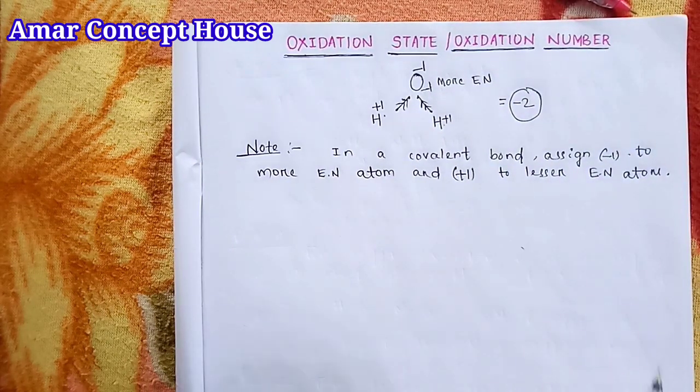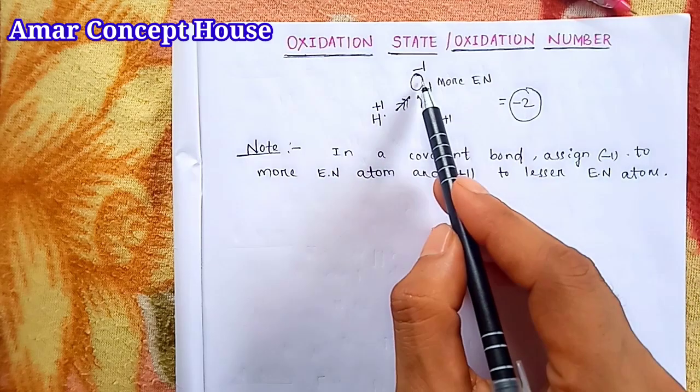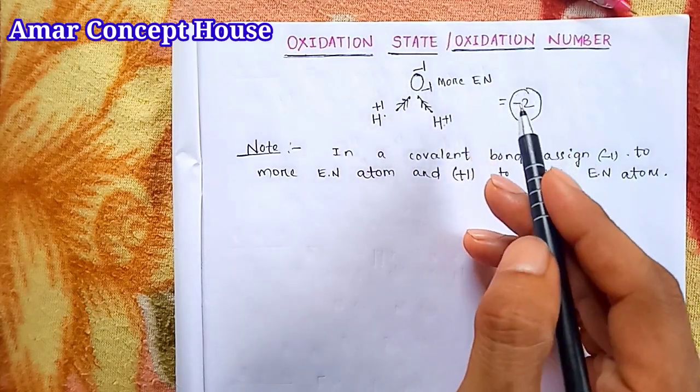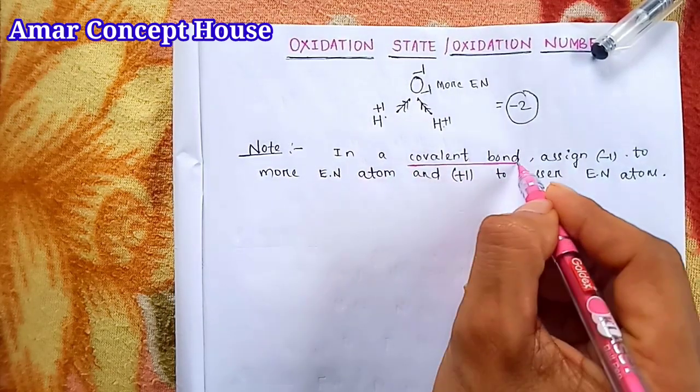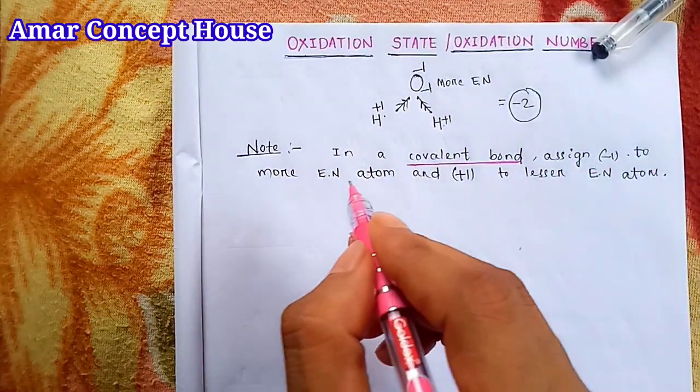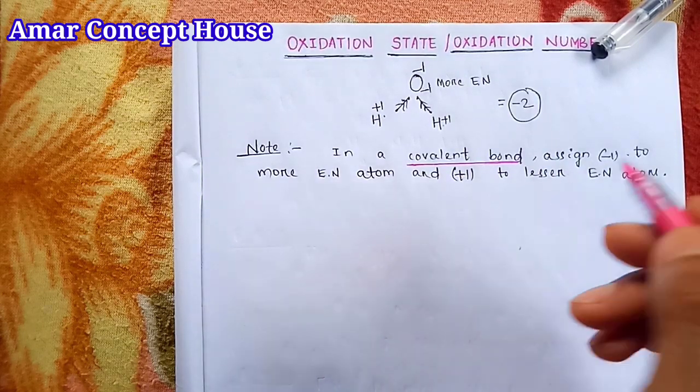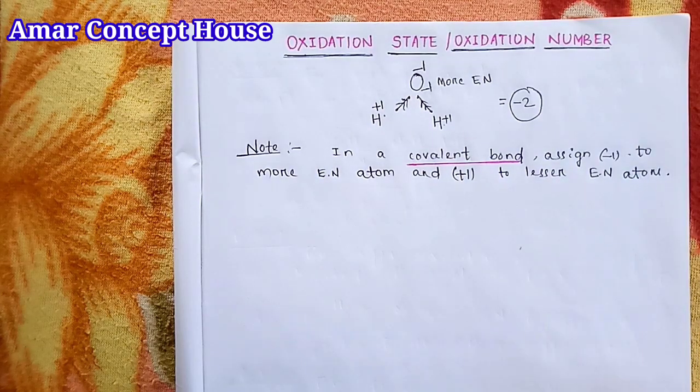Clear? Here we all know the more electronegative is oxygen. So remember, in a covalent bond, assign -1 to the more electronegative atom and +1 to the lesser electronegative atom.